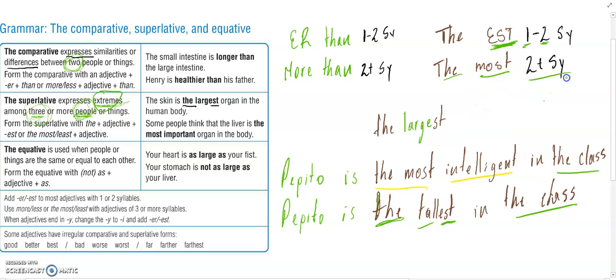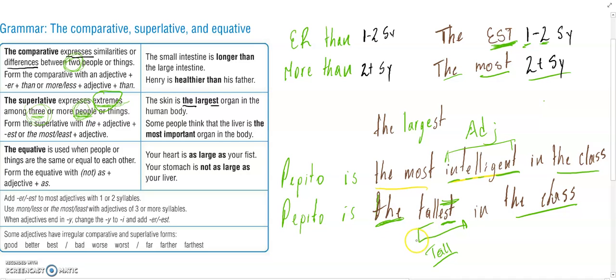That depends on the number of syllables that my adjective has. In this case, we have intelligent, my adjective, and it has, as we know, 4 syllables. That's why we use the most. And our adjective here is tall. So tall has 1 syllable. That's why we're going to use est and the before.